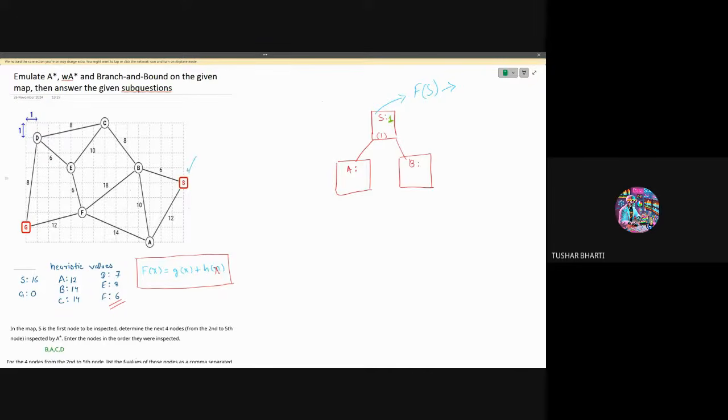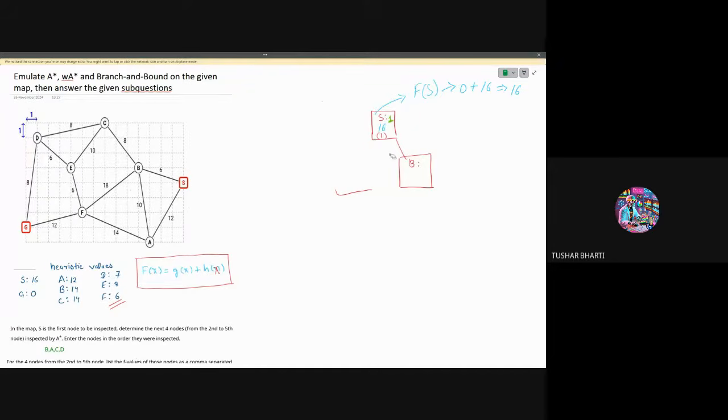For S there is no g of x, because for A we have g of x as 12, but for S there is no g of x. So for S, g of x will be 0. So 0 plus the heuristic value of S, which is 16, which I have calculated and written here. So this value will be 16. So we will give this node 16.